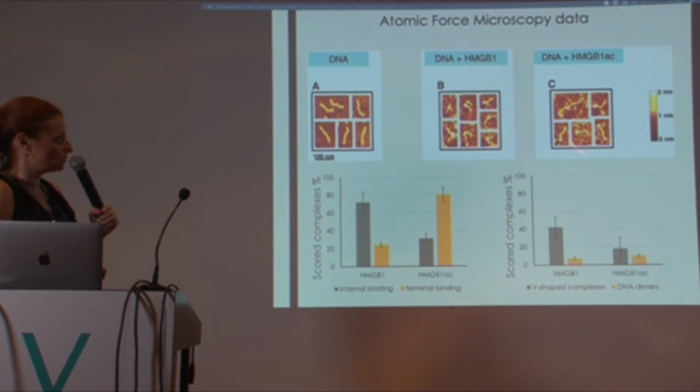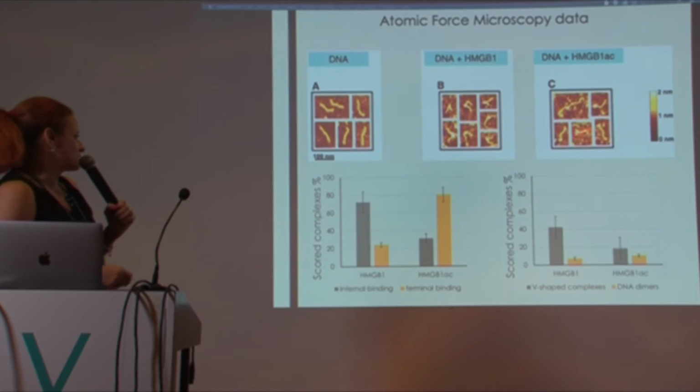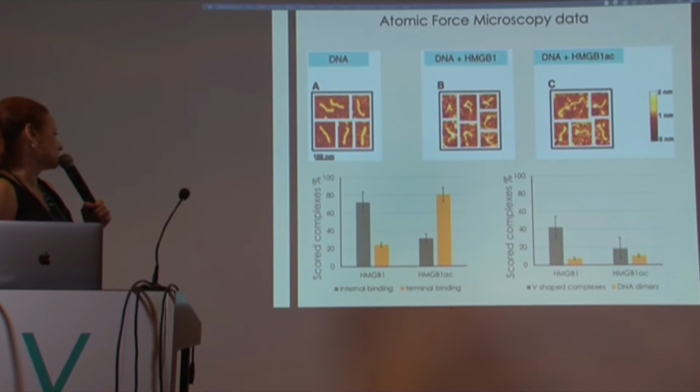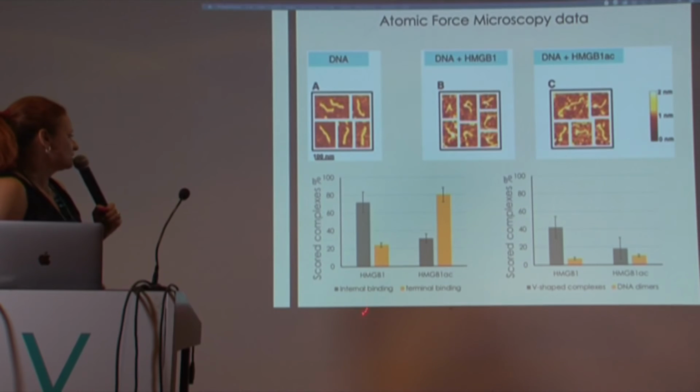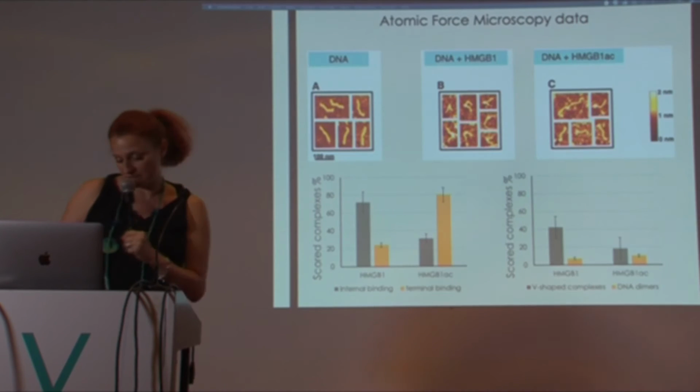And here we also find a lot of this kind of structures. Those are two fragments brought together by the acetylated protein. We scored all these complexes, and indeed, as you could see, regular protein has a greater affinity to the internal binding, and acetylated one has greater affinity to the ends.